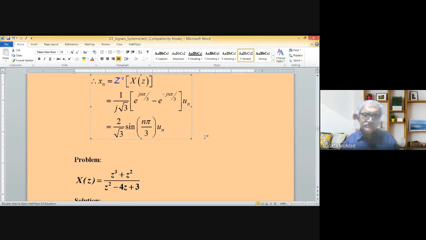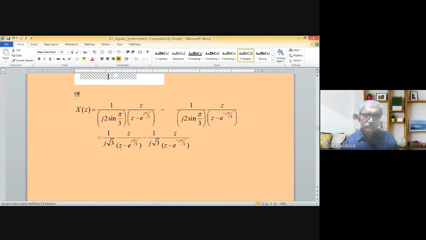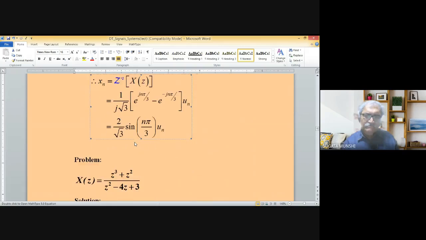Using basic expressions for the Z transforms of this form, some constant into z divided by z minus a, which is equal to that constant into 1 divided by 1 minus e to the power j pi by 3 into z to the power minus 1, the inverse Z transform will be as indicated here: 1 by j root 3 e to the power j n pi by 3 u(n).